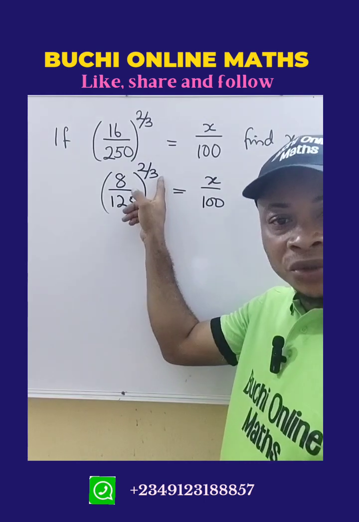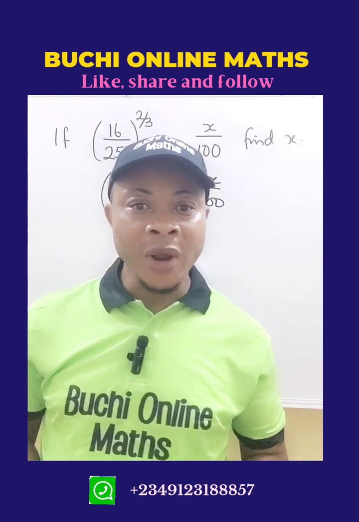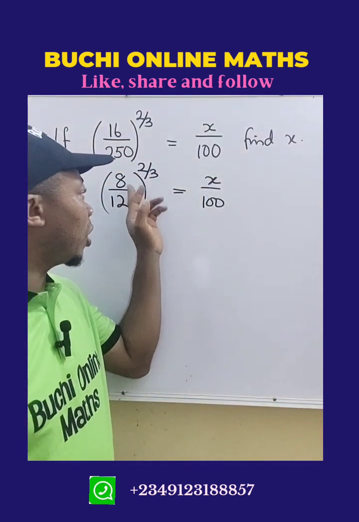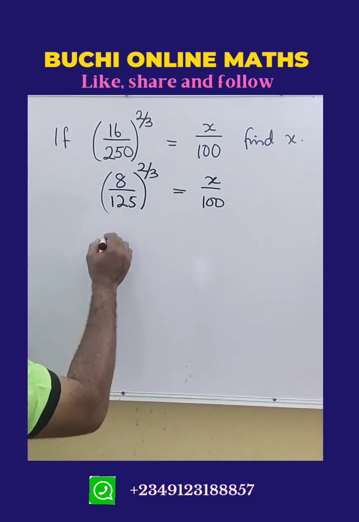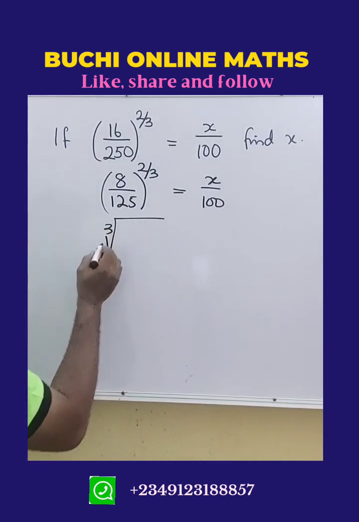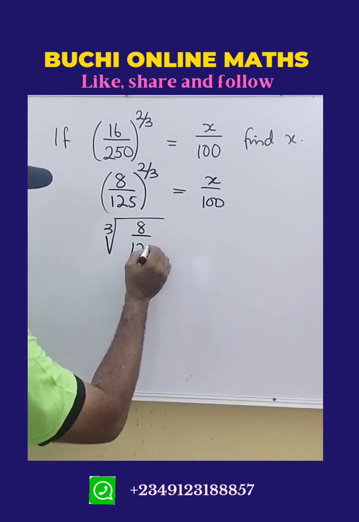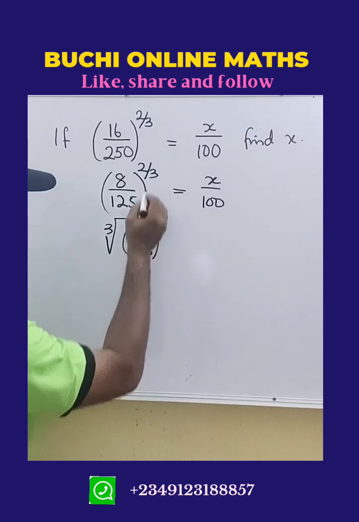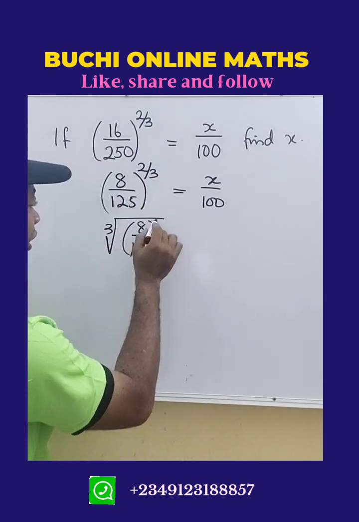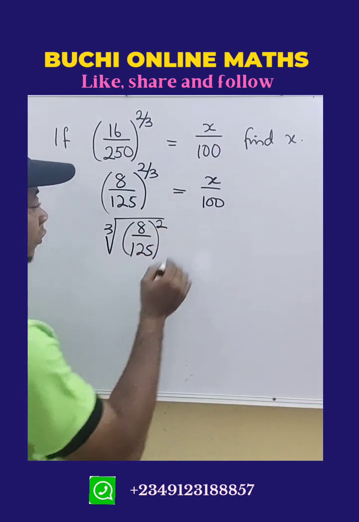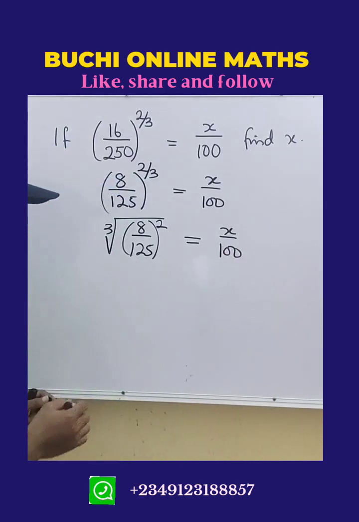If the denominator is 2, you take the square root. Okay? So in this case, we are going to take the cube root of 8 over 125. Therefore, we will have cube root of 8 over 125 in parentheses, raise it to power 2, which is the numerator of the index. Okay, all of them will be raised to power 2, then equals x over 100.